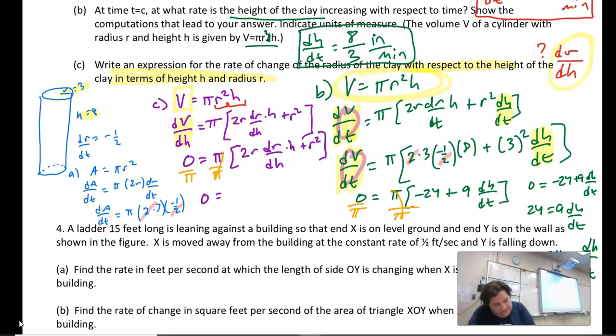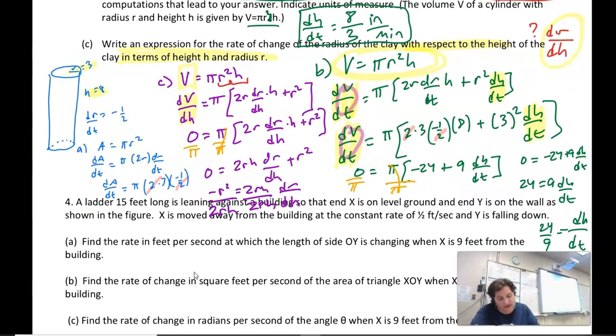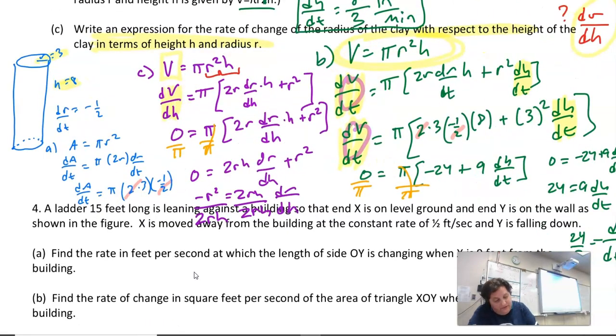Let me write this a little better. I'm going to write this as 2rh dr/dh plus r squared. I'm going to subtract the r squared to the other side, and then divide both sides by 2rh. Let me make this smaller so you guys can see. I was trying to save paper.